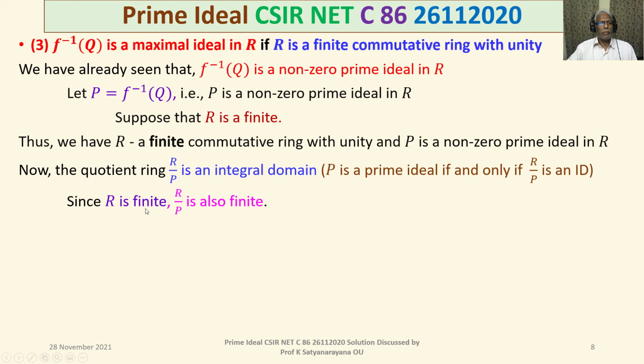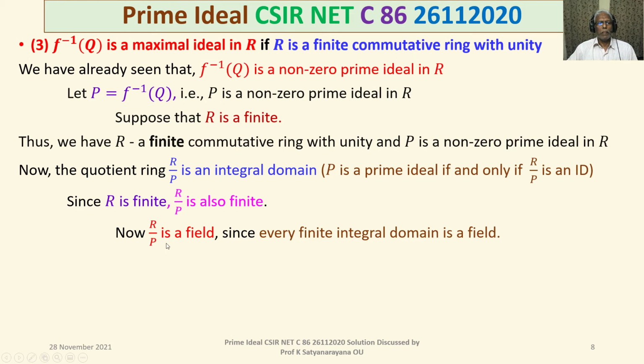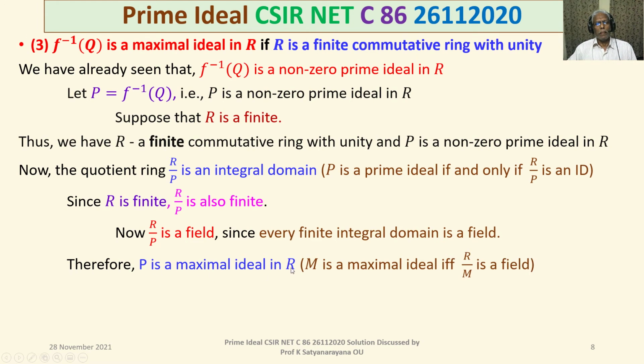Since R is finite, R by P is also finite. Thus, R by P is a finite integral domain. Therefore, R by P is a field. Why? Every finite integral domain is a field. Therefore, P is a maximal ideal in R.